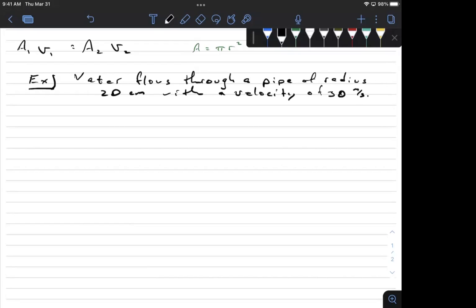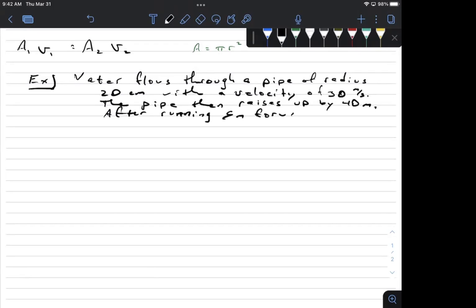The pipe then raises up by 40 meters after running 5 meters forward, the pipe then constricts to a radius of 10 centimeters.